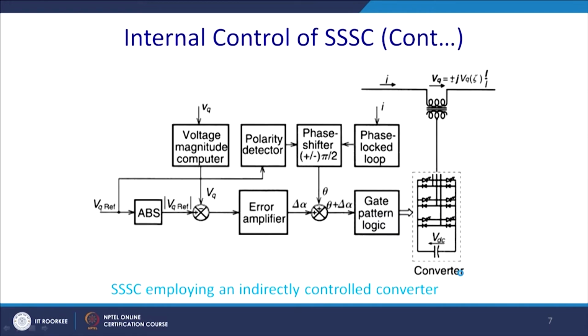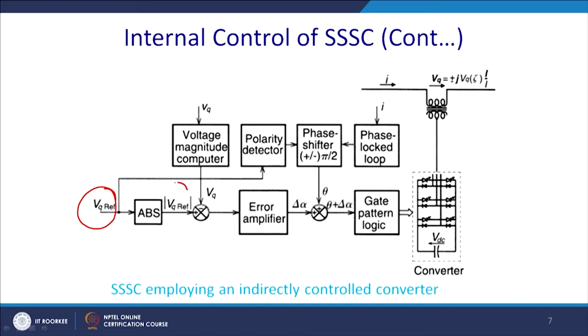So, this is the internal control circuit of the SSSC, and this control circuit is almost common to all the 3 types of SSSC. So, you have the Vq reference, you then calculate the magnitude of it, generally it is a polarity detector circuit.